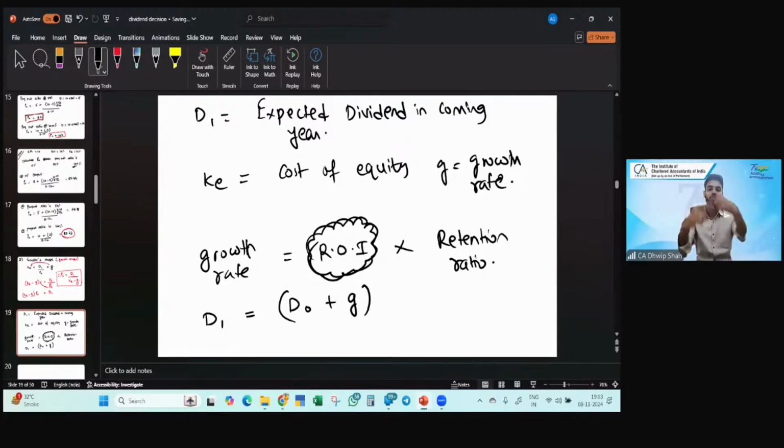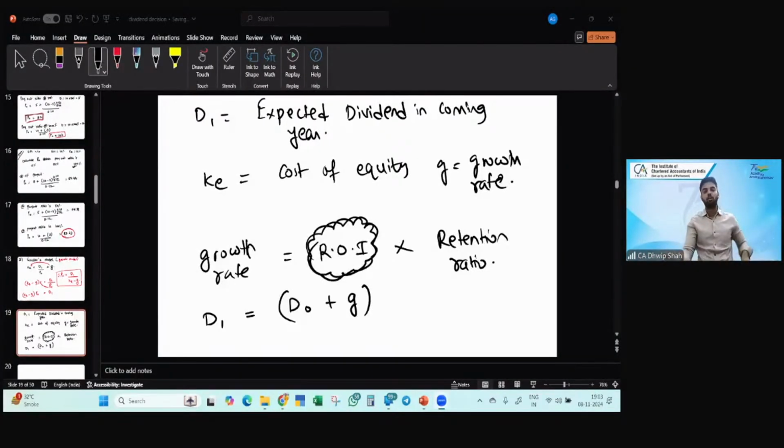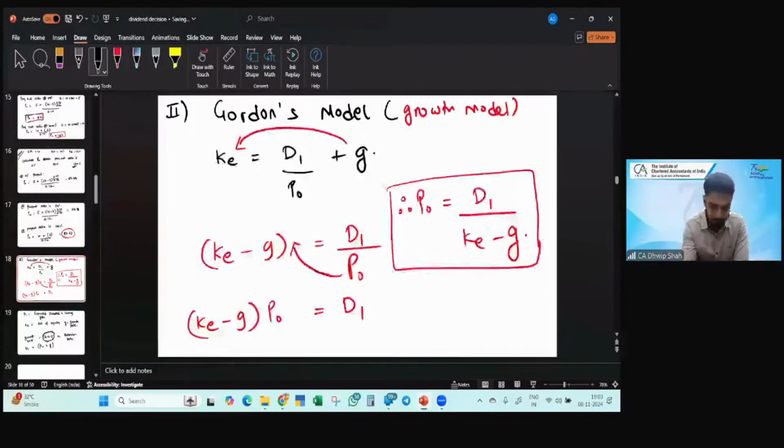Can I say growth of the company would be faster because of the efficiency of utilization of reserves? So with faster growth, higher the growth, higher would be the market price of the company. This is the inference of Gordon's model. You just have to remember the formula, apply the figures of each variable from the question and calculate the market price. But the inference of Gordon's model is very similar to Walter's. That's why they are both under the relevance theory section.